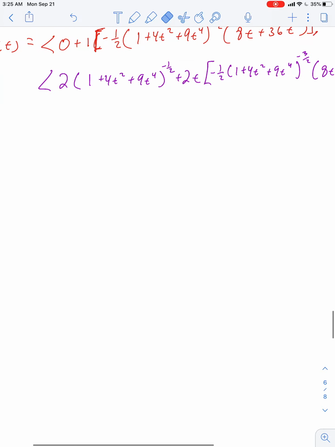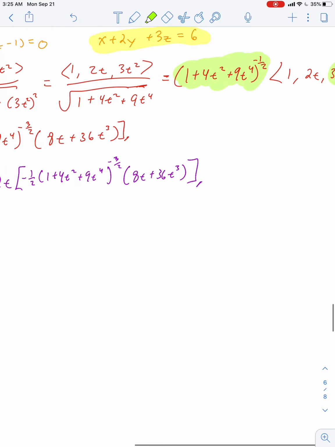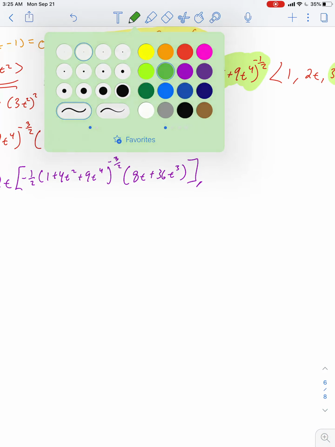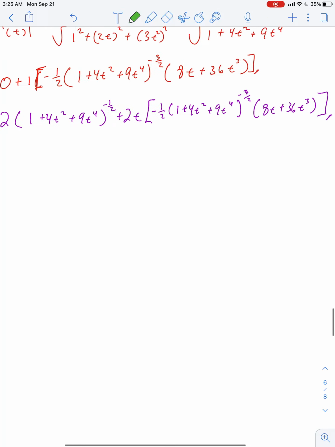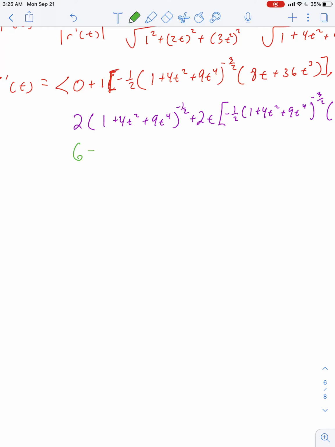All right, and now let's do the last one, which is going to be very similar. Let me erase this because I don't really need that. Erase this too. And so now I'm going to multiply the last component times all that right there.